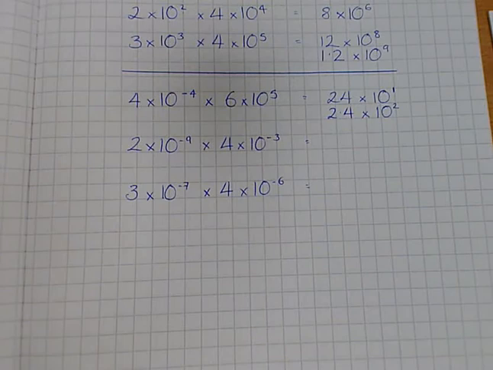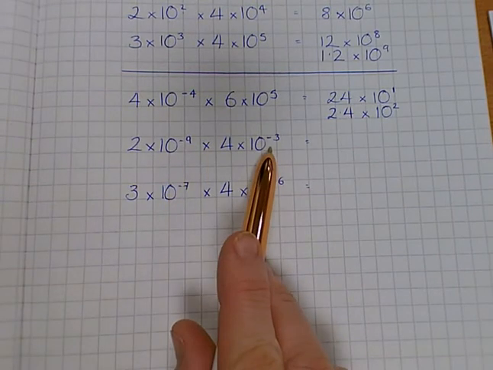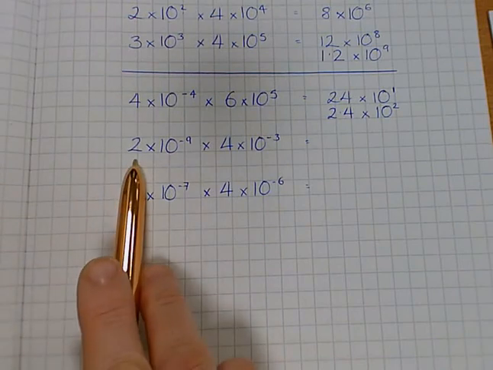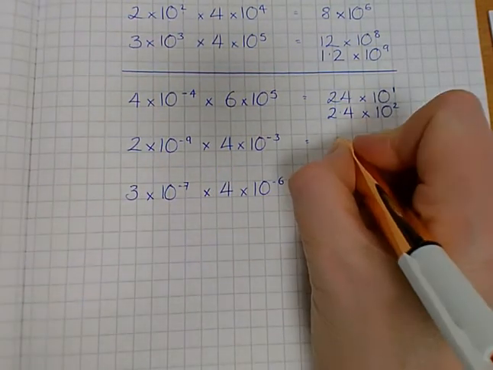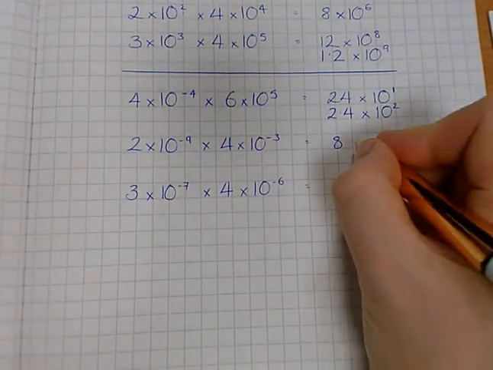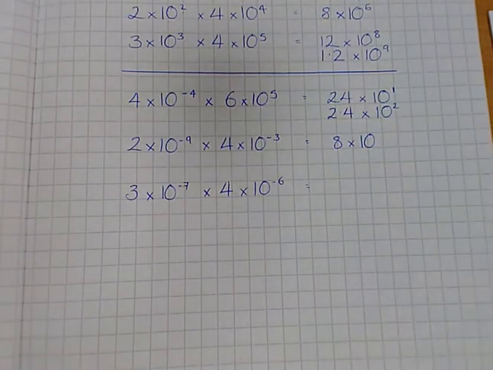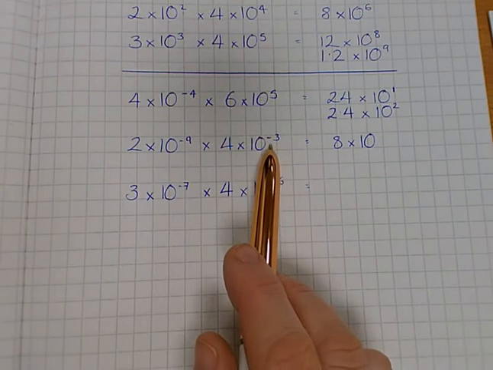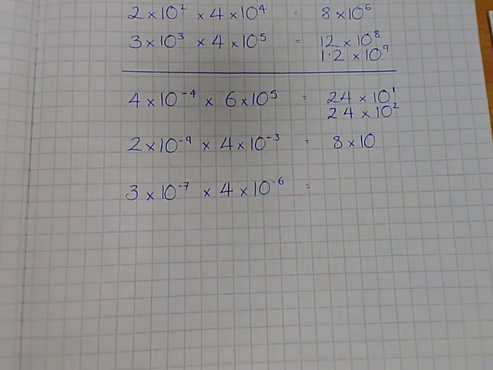Second example we've got here, we've got 2 negative indices. Again, the same rules apply. So I've got 2 times the 4 here, that's going to give me 8, times 10, and then I've got negative 9 and negative 3. So I'm going to have negative 9 plus negative 3 because I'm multiplying, so I'm going to add the indices.